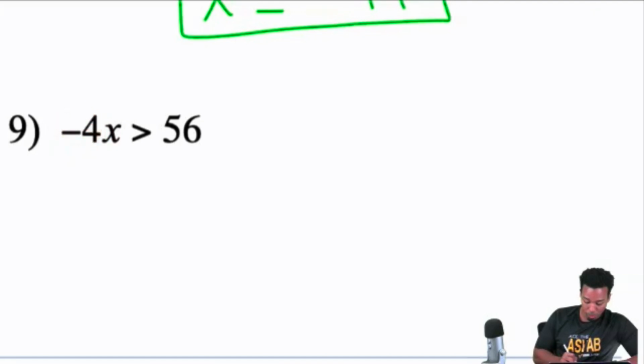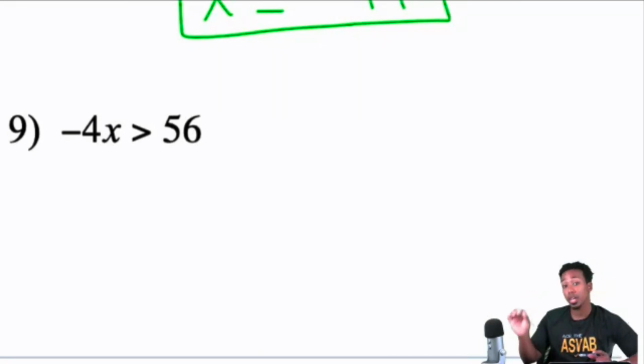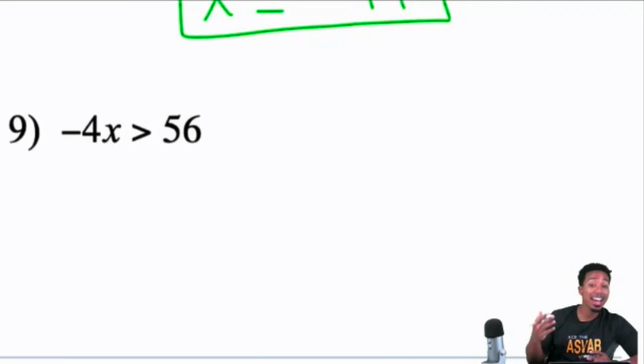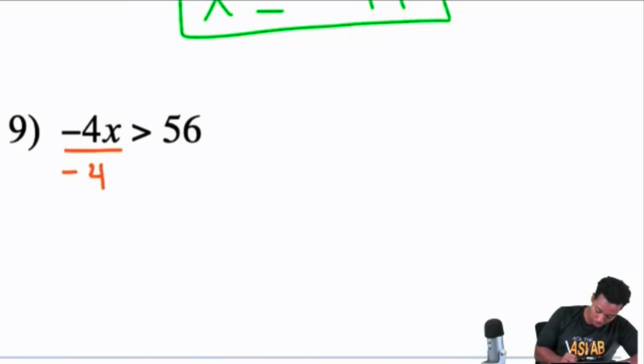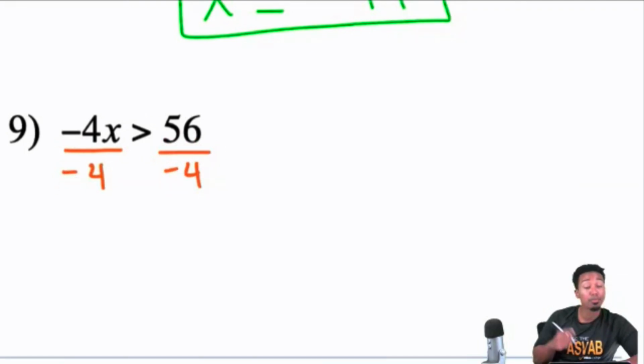It's -4 times x right now, right? So we're going to do the opposite operation and divide by that -4. This is a perfect example of how the symbol will now flip, because we are dividing by a negative on both sides. Does that make a little more sense now?